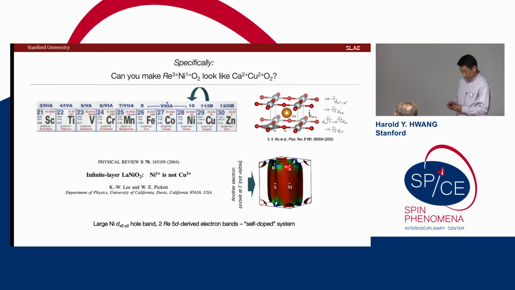Specifically, if we look at a layered nickel oxide, we'll take this so-called infinite layer structure of the cuprates, and the question boils down to whether you can make a monovalent nickel in this layered format. And why this would be interesting is that this would give you 3d9 electrons, so it would be a nominally similar electronic structure, and might be an interesting playground to extend the opportunities found in the cuprates.